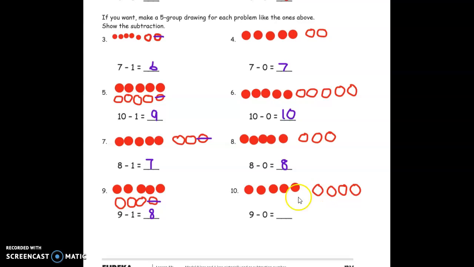Right, we don't take away any. 5, 6, 7, 8, 9 is what we're left with. Did you notice as I did each of these problems, I know that this is a 5 group. There's always 5 in this group. So I don't have to count 1, 2, 3, 4, 5. I can say 5.